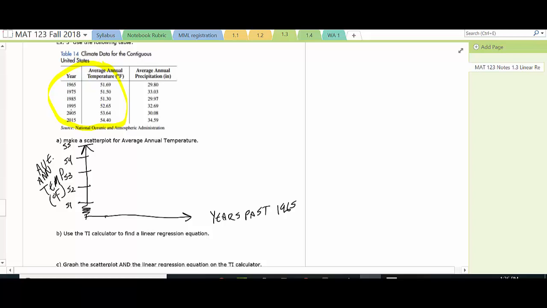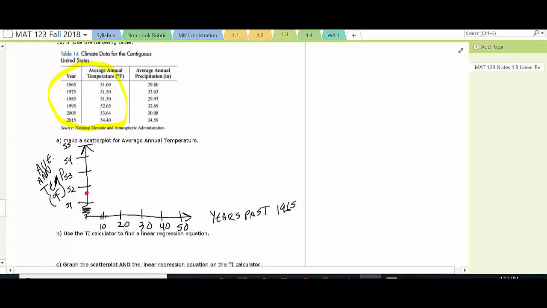And then as far as the years go, we're going by 10 years. So we could go 10, 20, and just every 10 years like that, and so forth. Then again, all you're doing on a scatter plot is simply plotting data. In the first year, you're at about 51.6, so it's a little more than half.